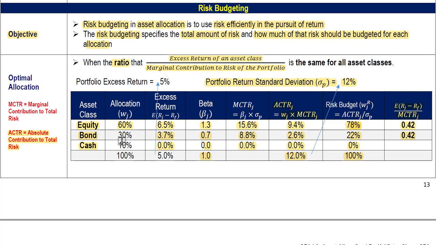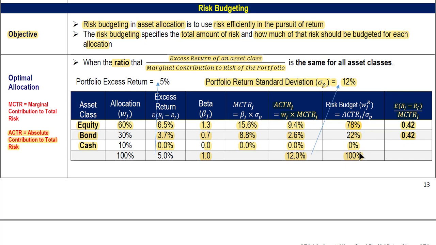We know the optimal allocation is 60-30-10. Now, there's 10% in cash, which has no risk. So we want to hedge the risk of this portfolio by using futures contracts, shorting an equity futures contract and a bond futures contract.